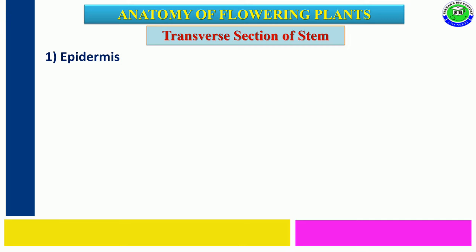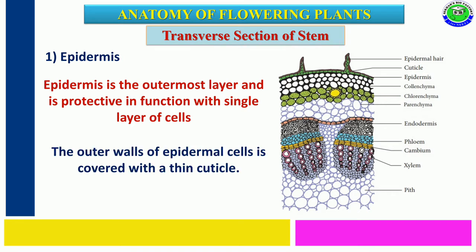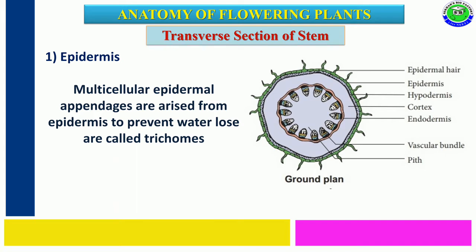The epidermis is the outermost layer of the transverse section, with a single layer of cells, and it is protective in function. Along with this, the outside of the epidermal cells consists of a waxy material in the form of a thin layer. It is called cuticle, and the cuticle helps to reduce water loss.